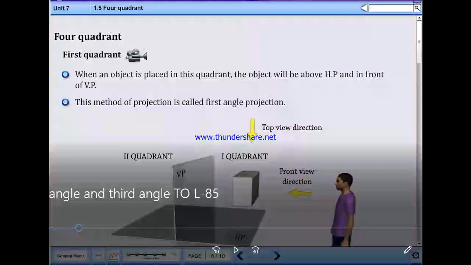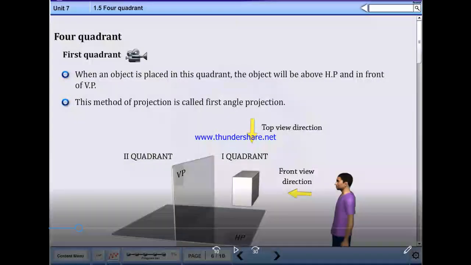Four quadrants. First quadrant. When the object is placed in this quadrant, the object will be above HP and in front of VP. This method of projection is called first angle projection. Please note down.